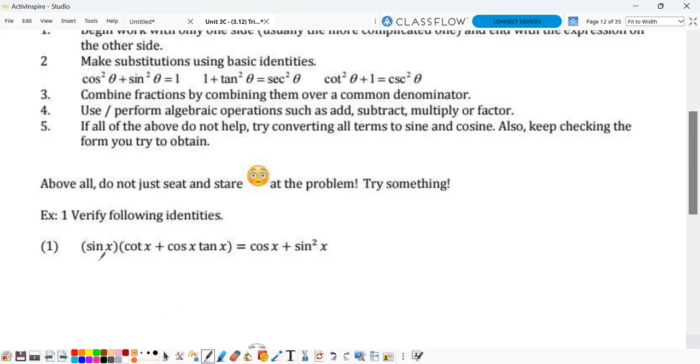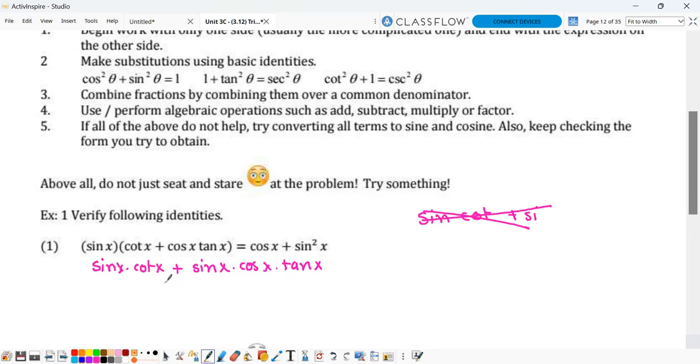You can say sine x times cotangent x plus sine x times cosine x times tangent x. Do not skip the angles. You must have x. Do not ever write sine, cotangent plus. This is wrong, wrong, wrong. We don't call this trigonometry.